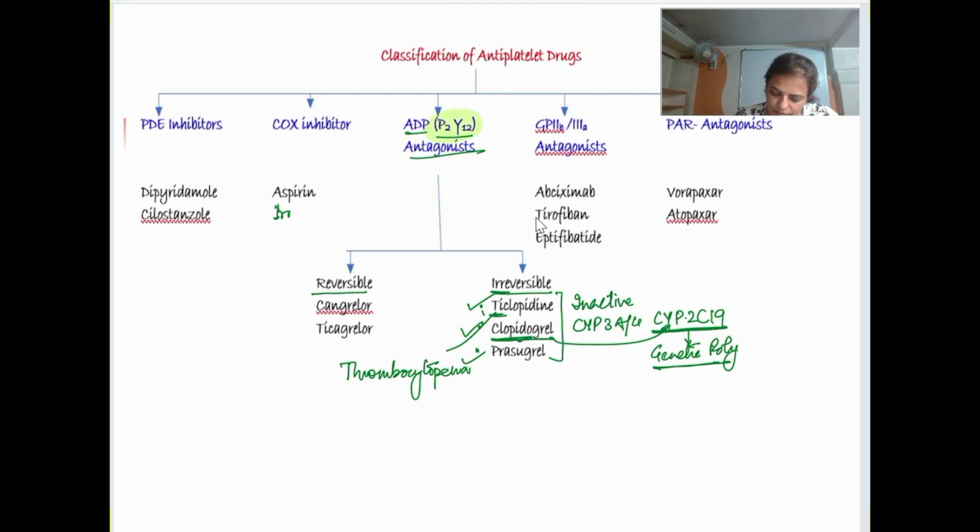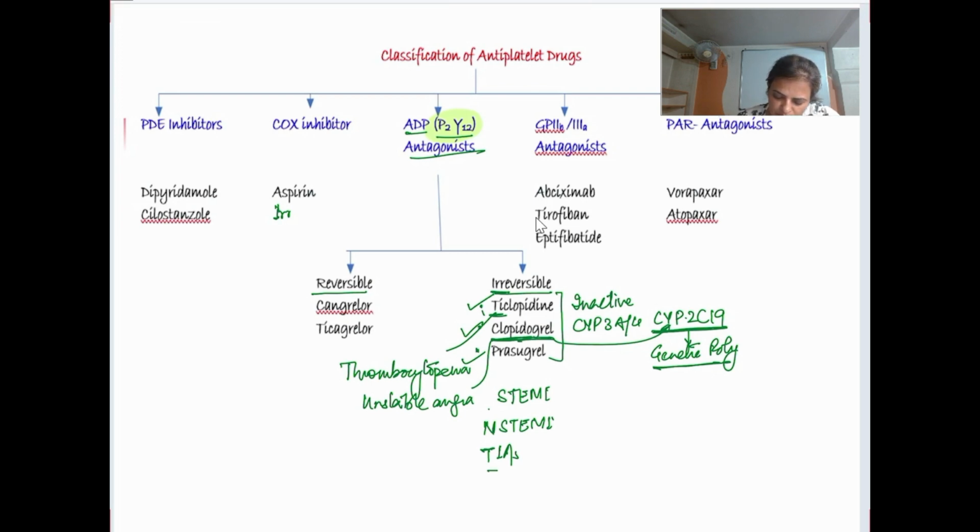Clopidogrel is used in unstable angina, then ST segment elevated myocardial infarction, and non-ST segment elevated myocardial infarction, and it is also used in TIA, transient ischemic attack, there also it is used.